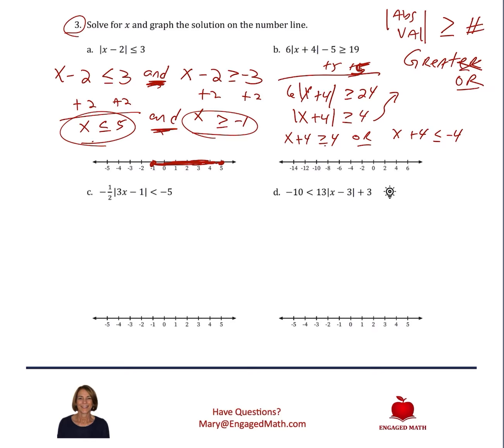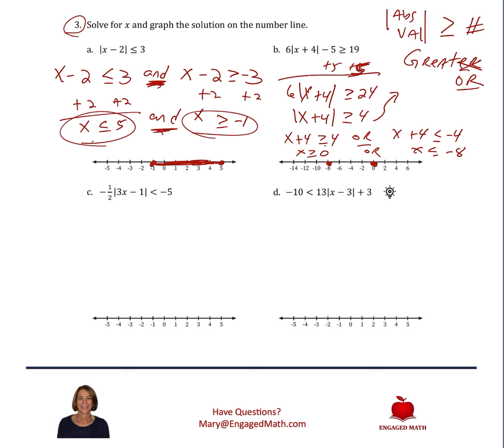For this one, I'm not going to show that step, but I'm subtracting 4 from both sides. So we simply get X is greater than or equal to 0, or X is less than or equal to negative 8. So on my number line, I'm just simply going to go to 0 and solid circle again, and negative 8.